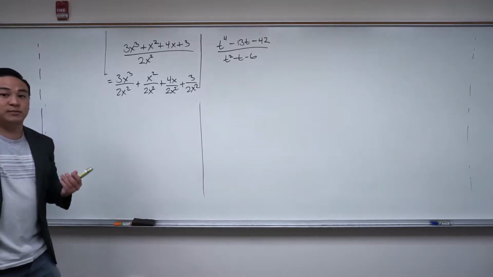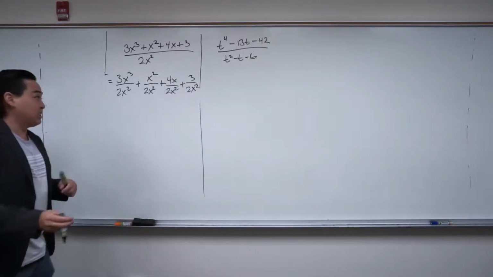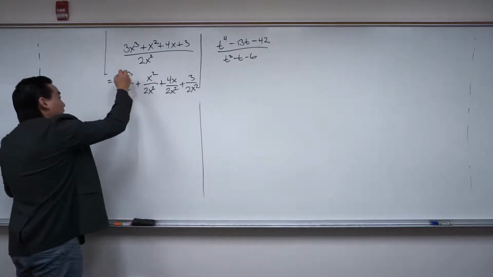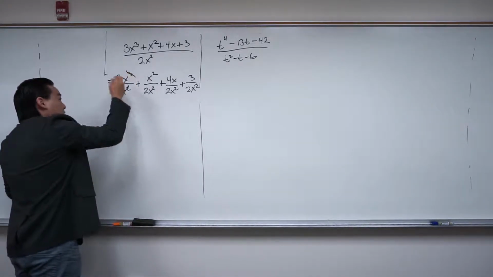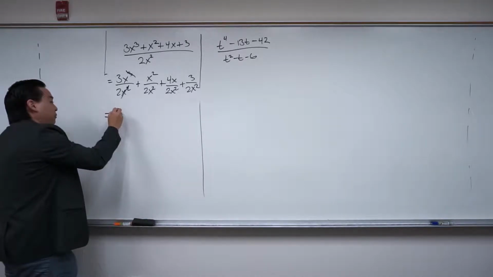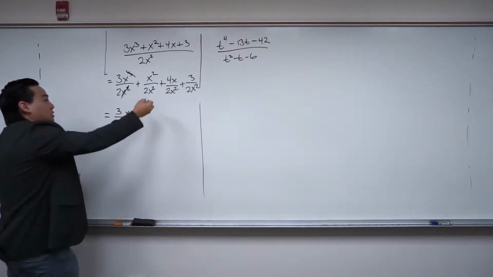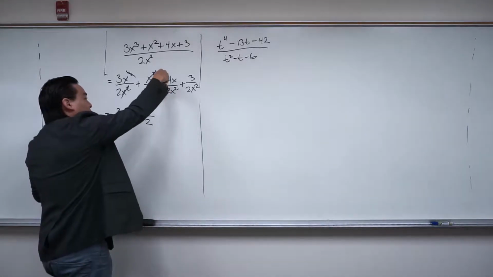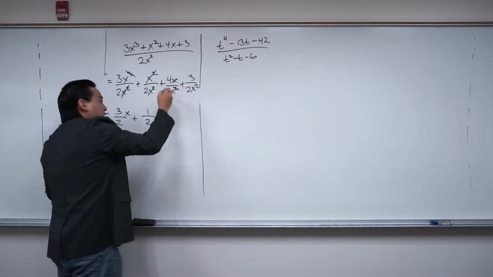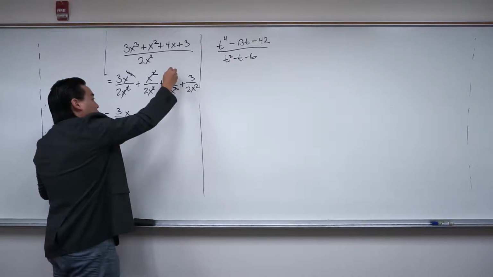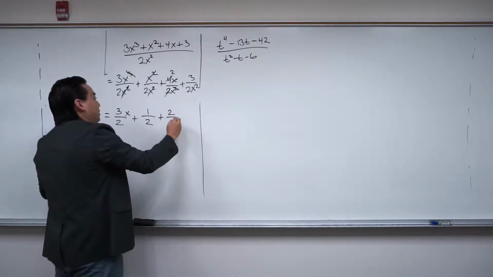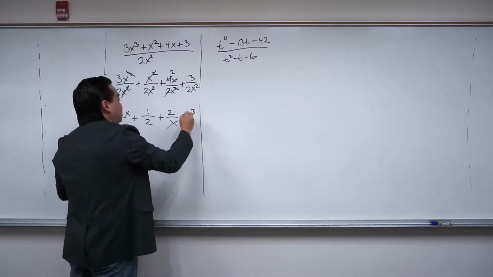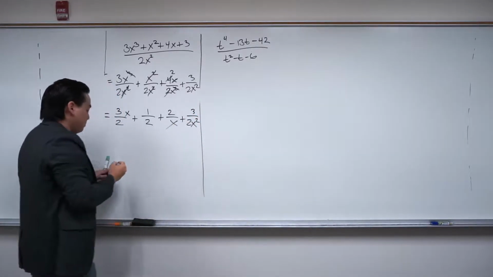And then use your exponent rules to start simplifying or canceling, right? We have 3 x's here, so those cancel, and you're left with 3 over 2x. These two cancel, so you're left with 1 over 2. Here, this and this cancel, and you're left with 2. And then this one, there's nothing to cancel, which is 3 over 2x squared.